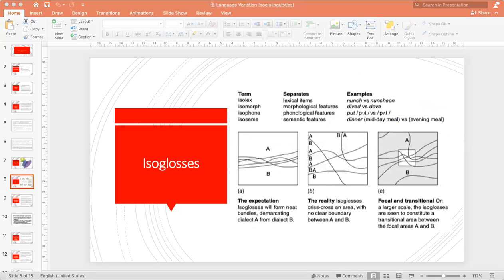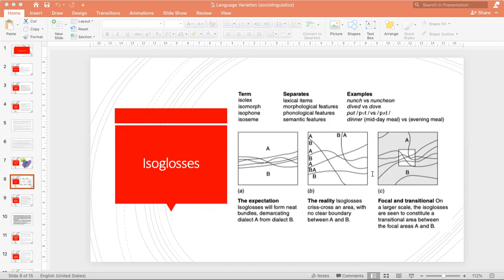So we come to the term isoglosses. Very often, the isoglosses for individual phonological features do not coincide with one another.